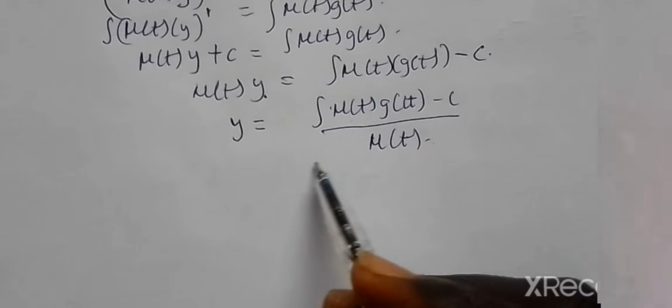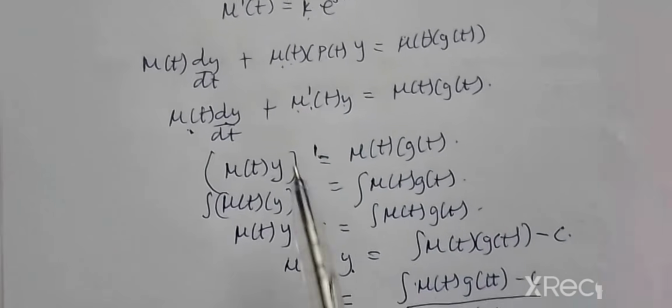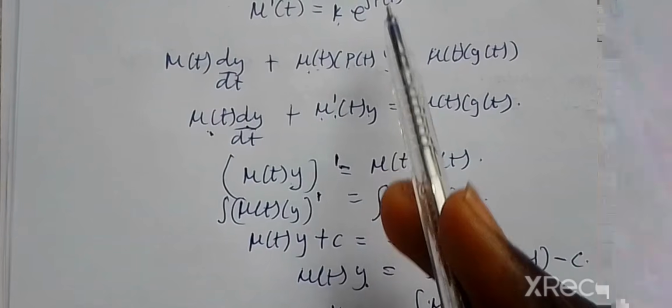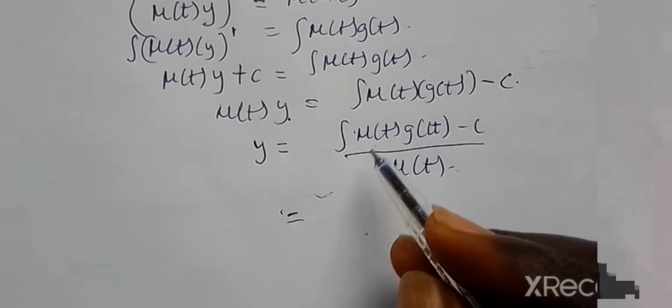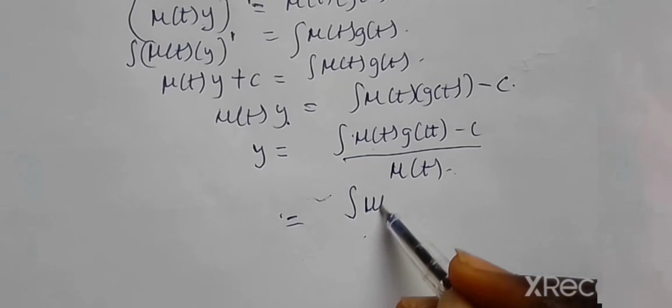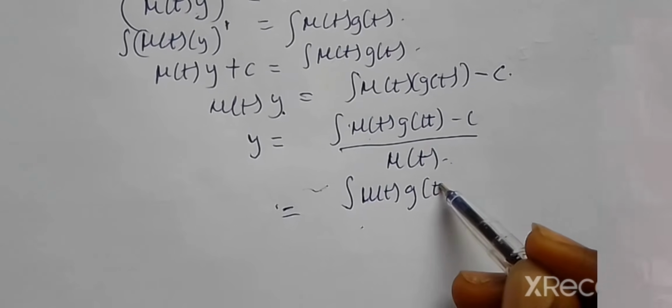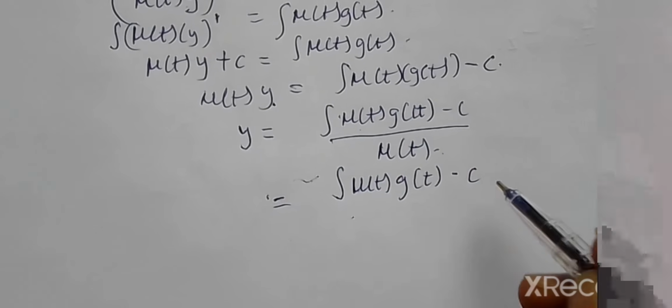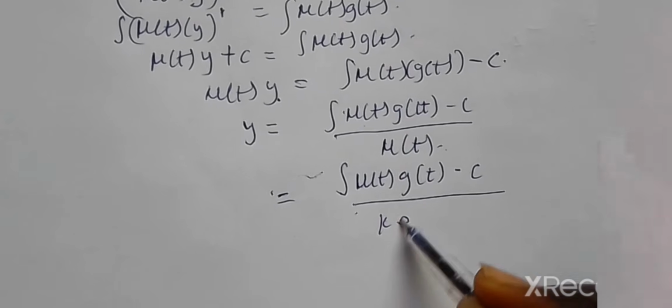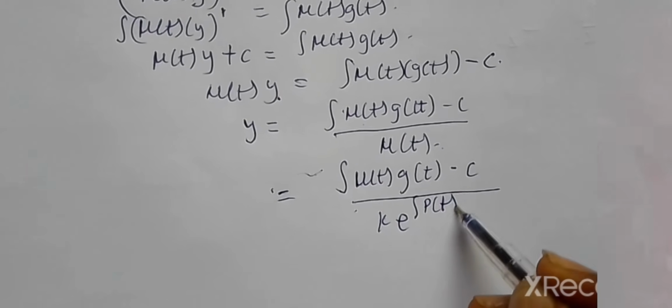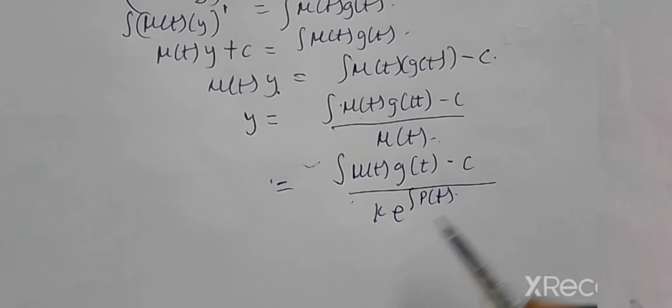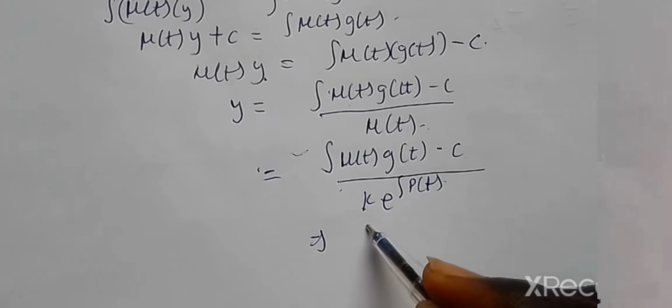So now let's see. We know that our mu of t is the same as k e to the power integral of p of t. So our expression can further be simplified to the integral of mu of t g of t minus c, all over k e to the power integral of p of t. Now k and this will separate, they are constants.